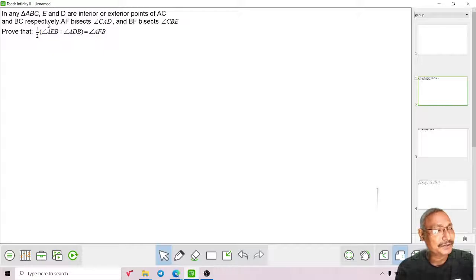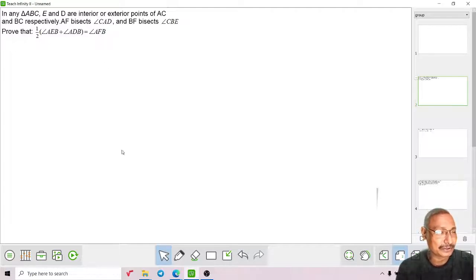So if in triangle ABC, E and D are interior points of AC and BC respectively, then two more pieces of information are there: AF bisects angle CAD and BF bisects angle CBE. Then prove that this angle is equal to half of the sum of these two angles.